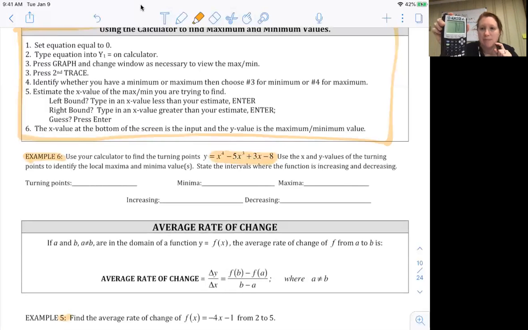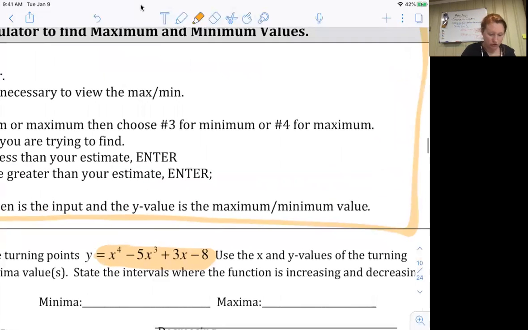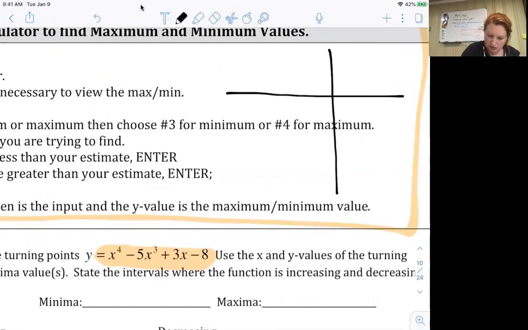So those are your minimum and maximum values. That's the first thing that it asks for. So I'm going to draw a rough sketch of what this picture looks like so I can keep talking about it. This graph that my calculator has looks like this.